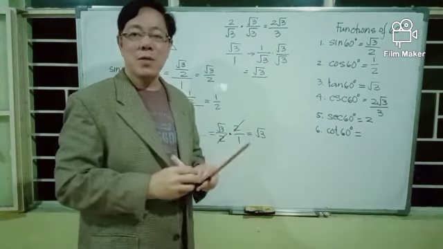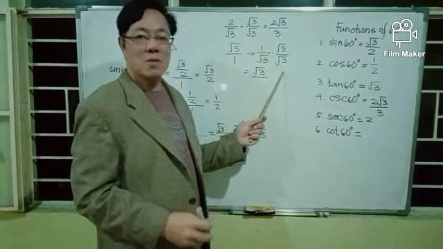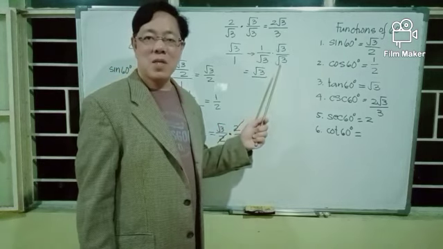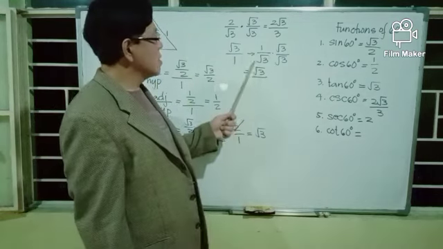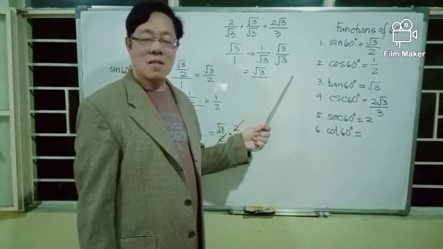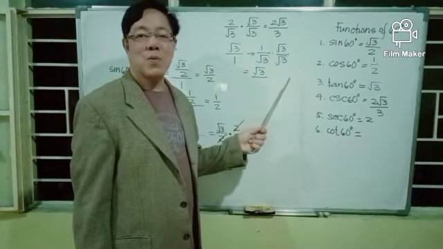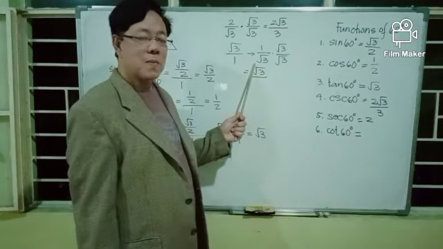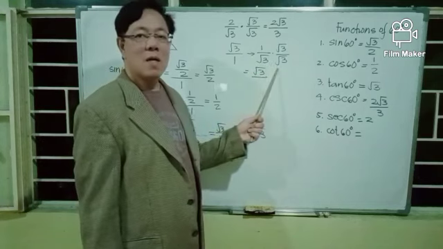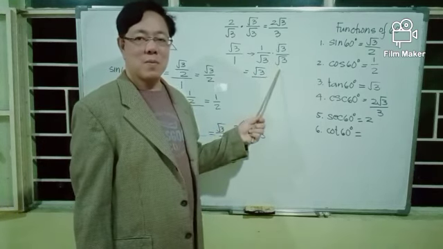In the denominator, we have square root of 3 times square root of 3. By property of radicals from your course in algebra, this can be written as a single radical expression whose index is 2, because the common index here is 2 for square root.